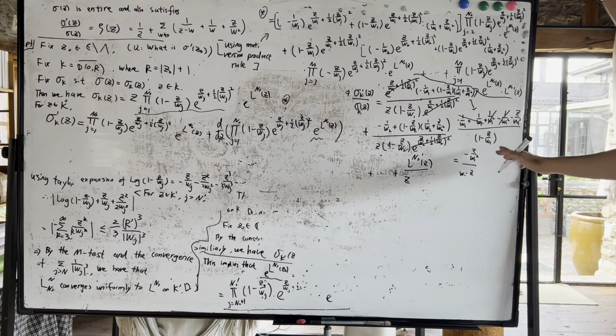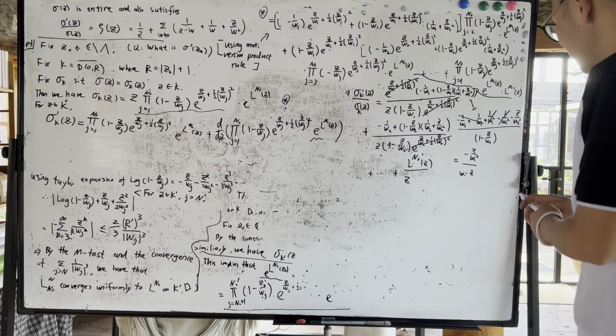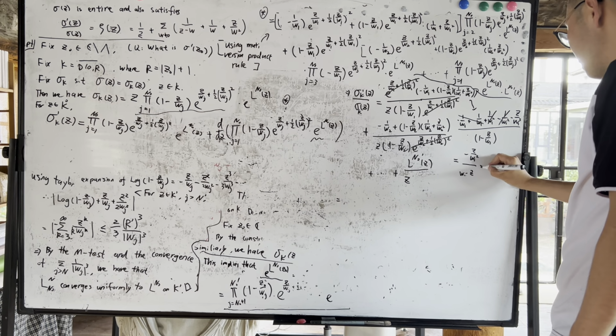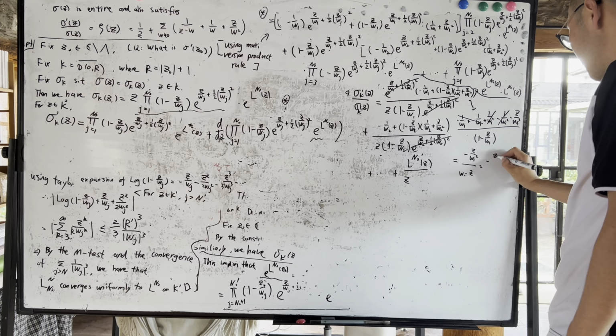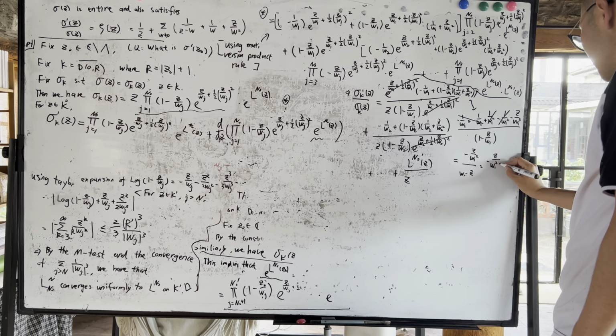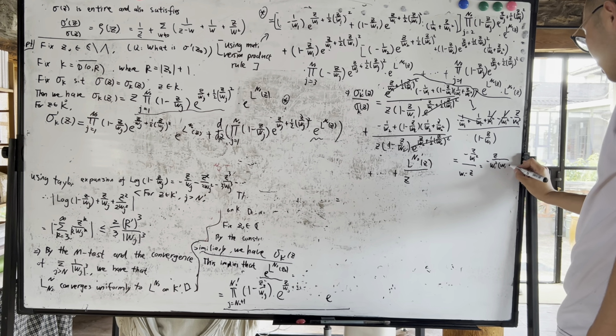Let's leave it like that, which is equal to negative z over omega 1 squared times omega 1 minus z, right?